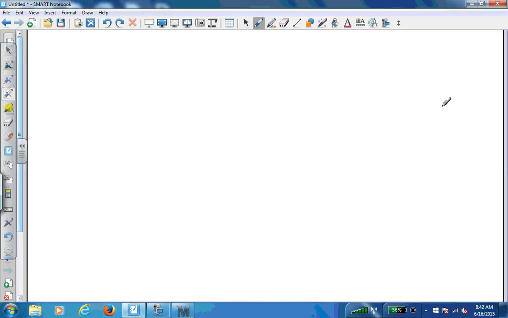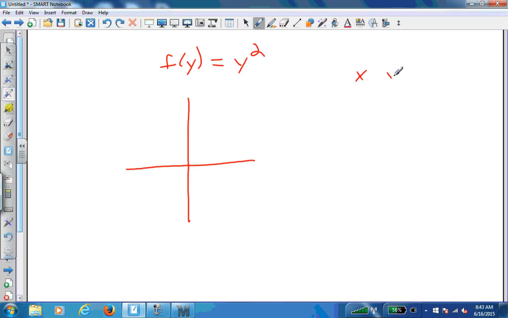But occasionally we'll be given functions where our input is y. For example, f of y equals y squared. And if we just think about a graph of that, that's basically a parabola that is flipped.